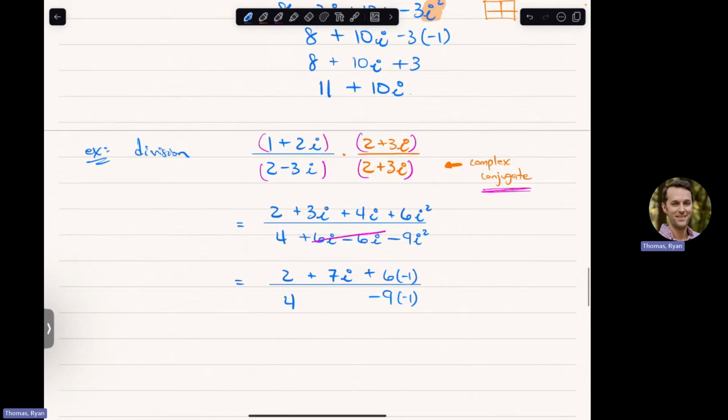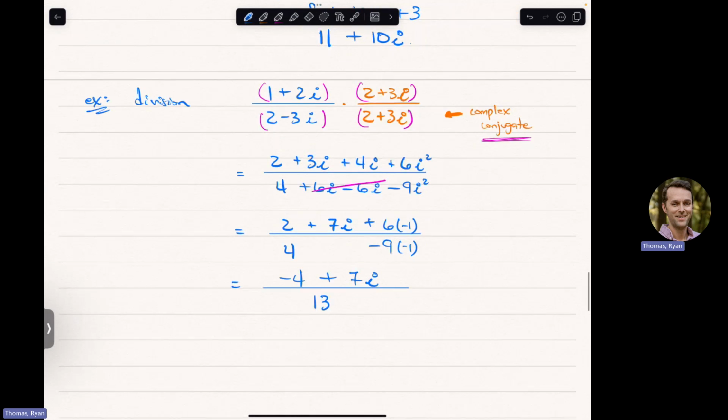So the reason we chose to multiply by the complex conjugate is that now the stuff in the denominator becomes 4 plus 9, so 13. The numerator 2 minus 6, so negative 4 plus 7i.